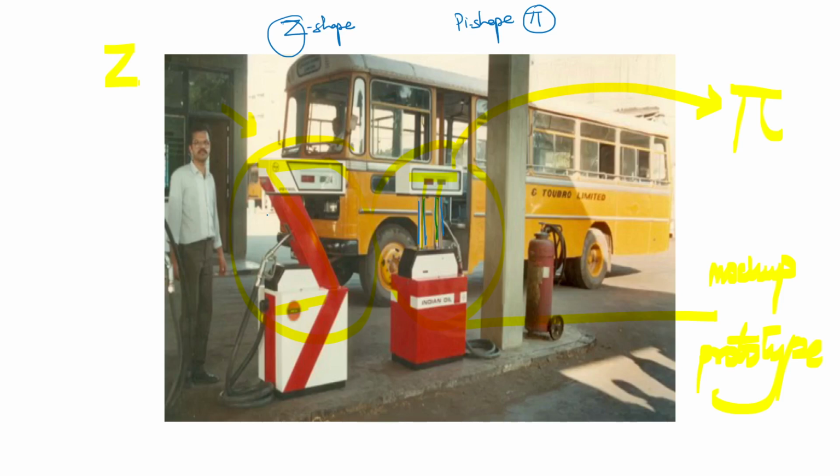Can anyone tell me which was the preferred choice by the board at L&T? When the different teams were presented, which of them were preferred by the teams? Anyone can tell? Okay.